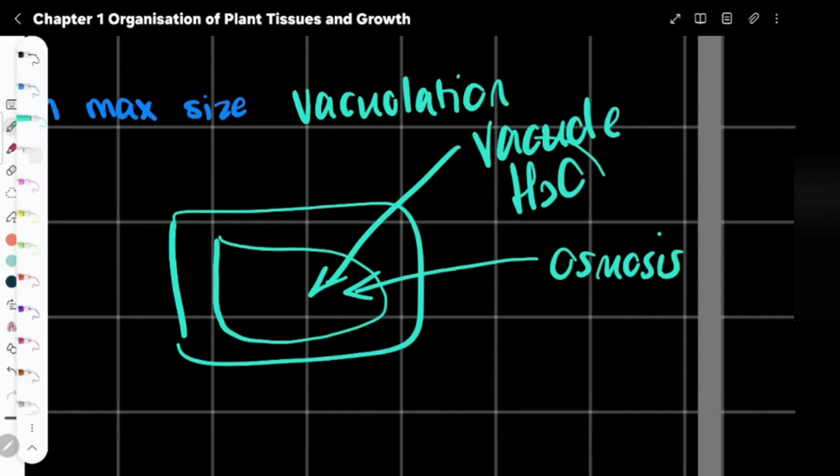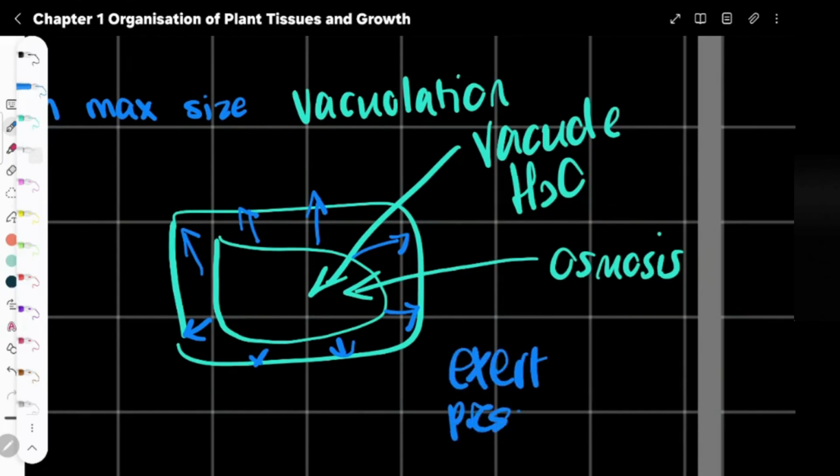Now imagine there's suddenly a lot of water, because all the small vacuoles combined into a big one. Now there's a lot of water at once. All the water will exert pressure on the cell wall. It will basically push the cell wall, because the water is trying to get out through osmosis.